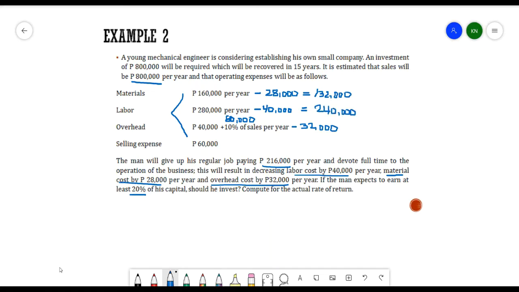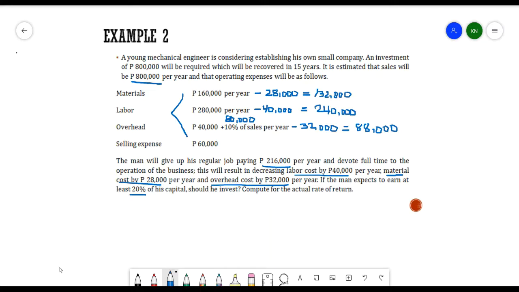And the overhead cost will become 88,000 pesos since it is deducted by 32,000 pesos, and the selling expense is still 60,000 pesos.